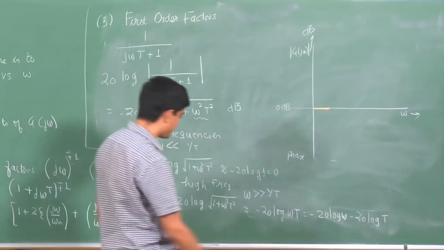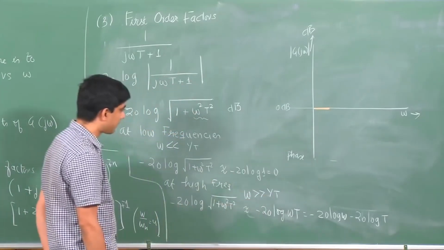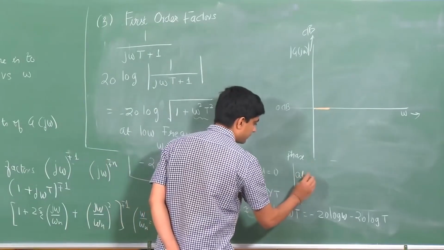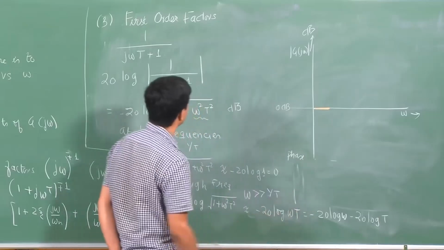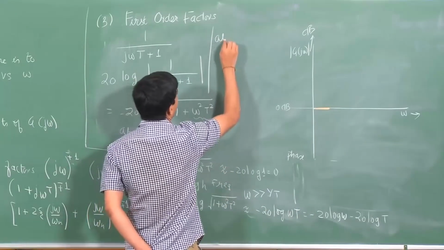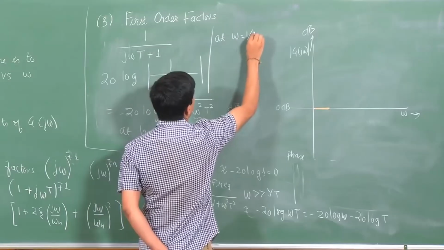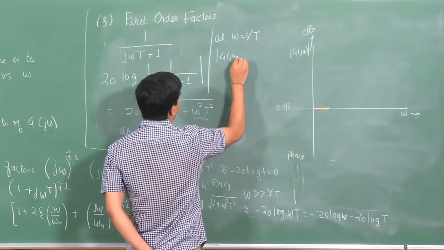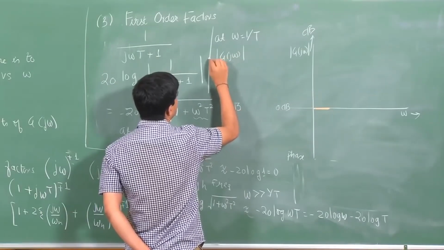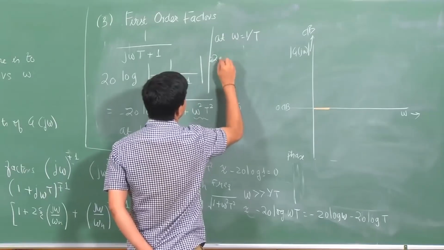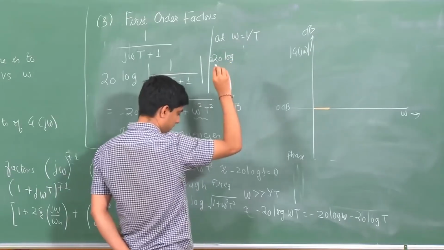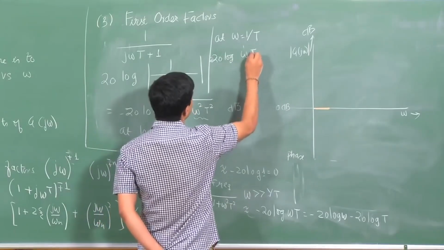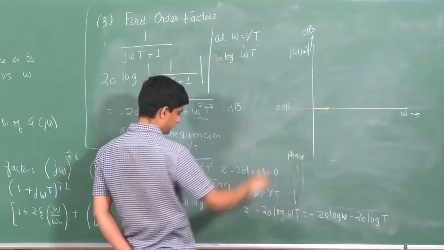So, let us see one particular interesting number here, at omega equal to 1 over T. In this, the magnitude, 20 log omega T with a minus sign here.